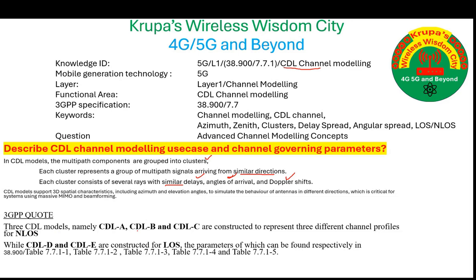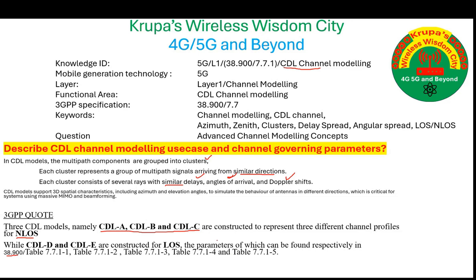CDL models include CDL-A, B, and C, which mainly cater to NLOS, non-line of sight. These first three channel models cater to NLOS dominant paths, whereas CDL-D and E are constructed for LOS, line of sight. The parameters and detailed tables are given under 38.900, and these are the tables under which the details are covered.